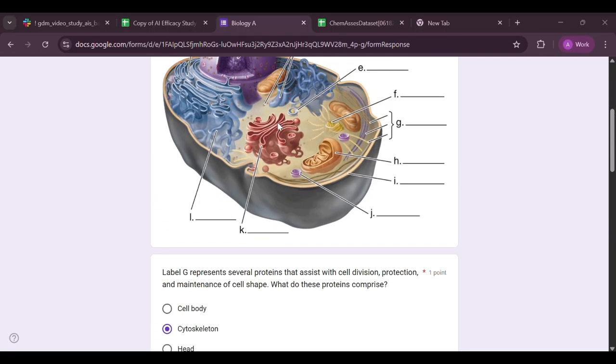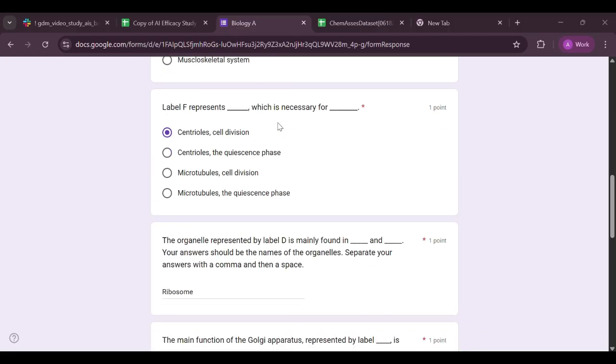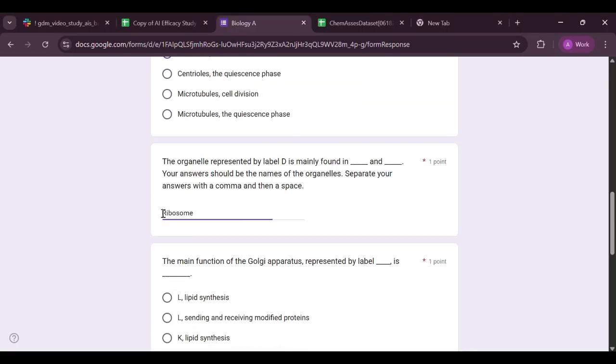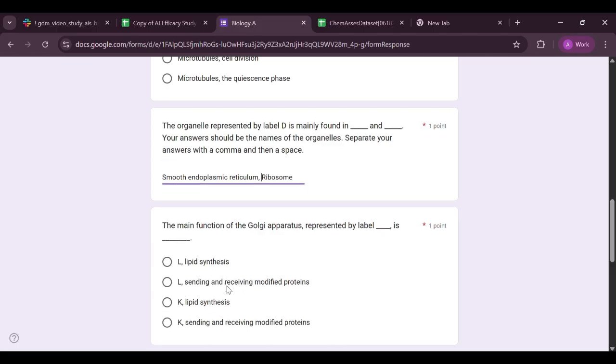It is none other than, yeah, it will be smooth endoplasmic reticulum, and we have to separate it with a comma and then a space. Okay, so this is my answer.